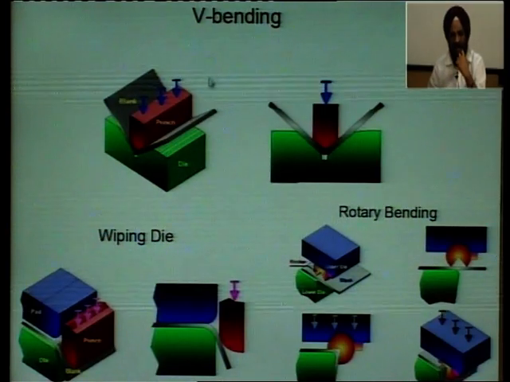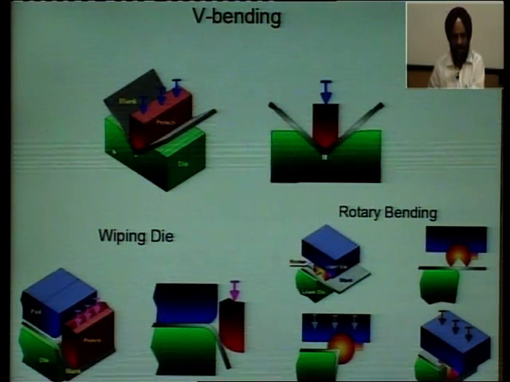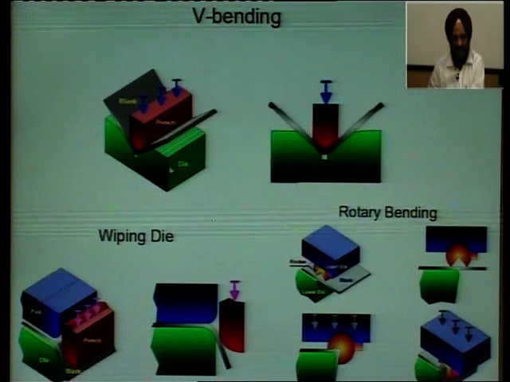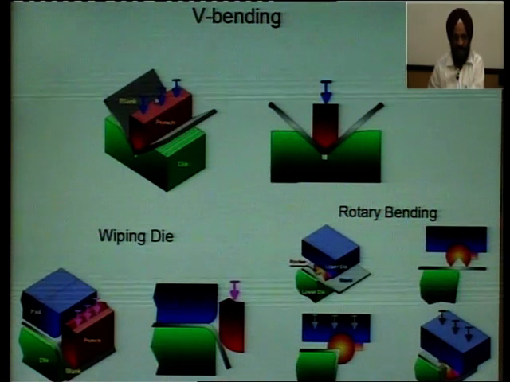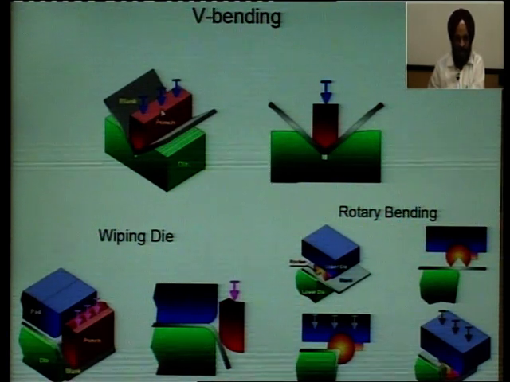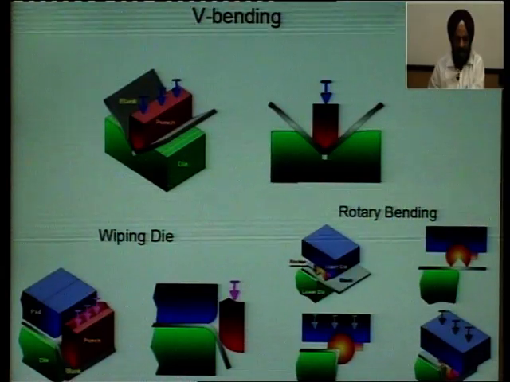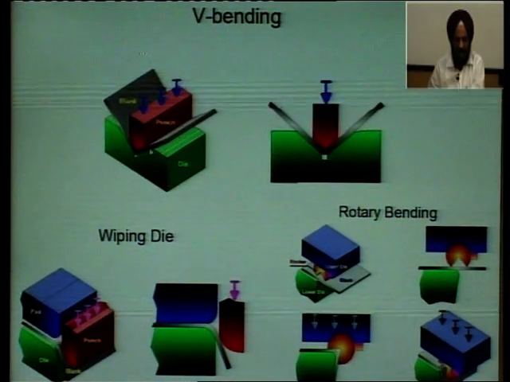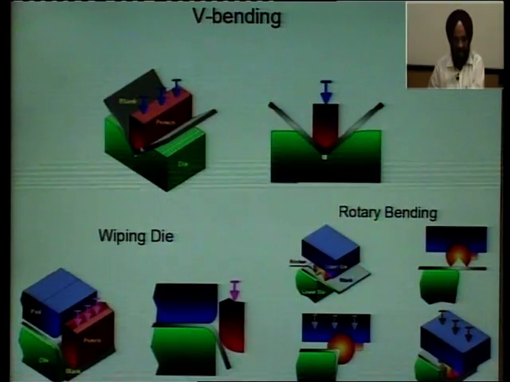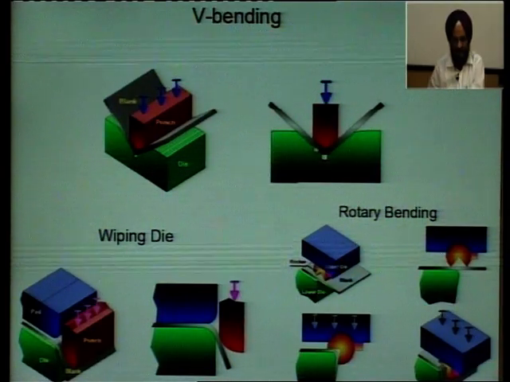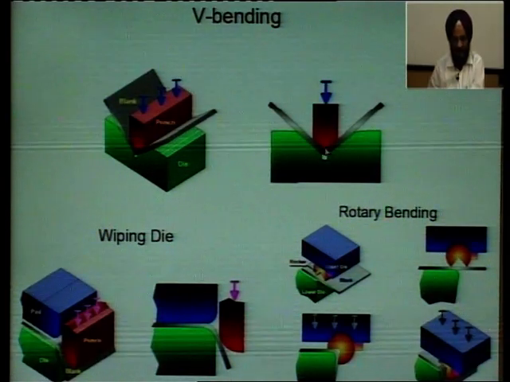Now, bending can be V bending, just see there is a die here, a V shaped die, and you have a punch here, you force the punch from top and you get a V shape of the product.